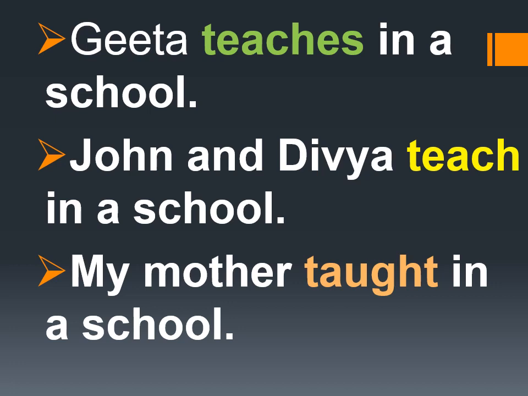While in the third sentence, we are talking about past tense, my mother taught in a school, so we used the second form of the verb. So you can see how the verb is changed in all the sentences when the number of subject is changed, when the tense is changed.